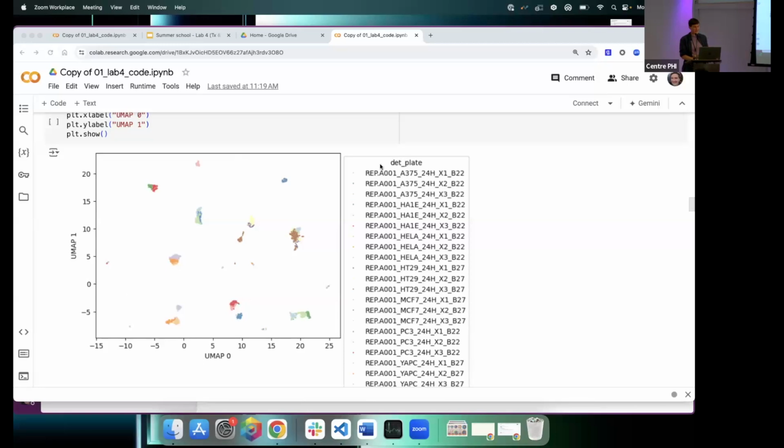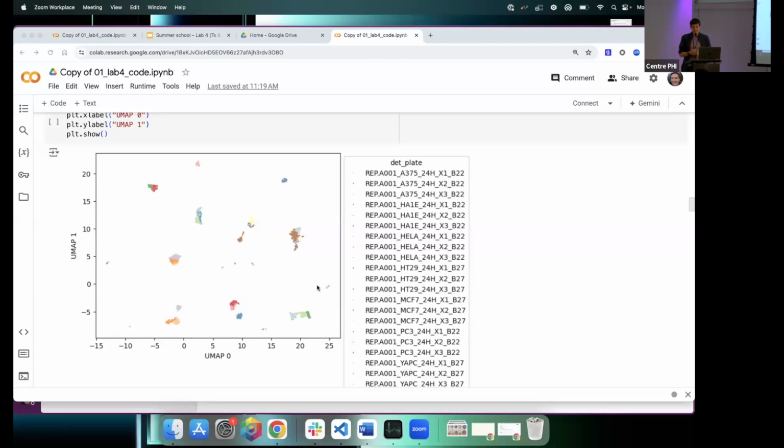If we want to ask what's the effect of this perturbant, it is generally being drowned out by the huge effect of cell type and the huge effect of experimental batch. We know we're going to need to do something about that, but we have a lot of choices about what we want to do. We could, for instance, do our batch normalization now, or we could do it post-embedding.